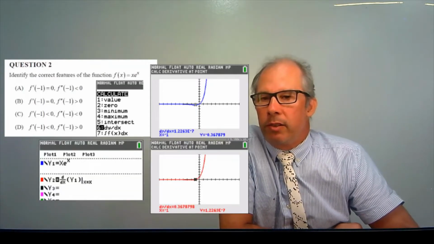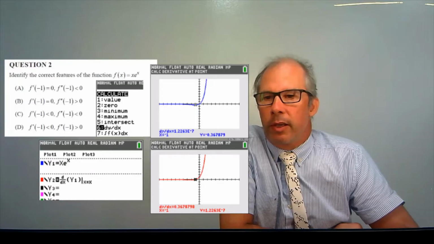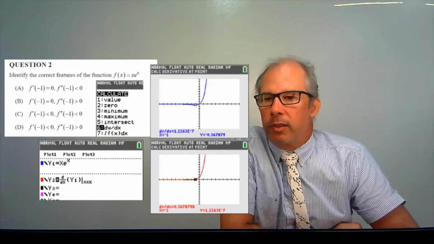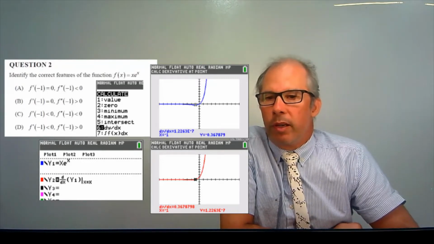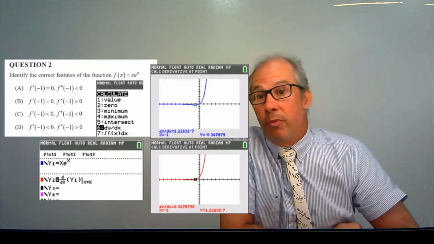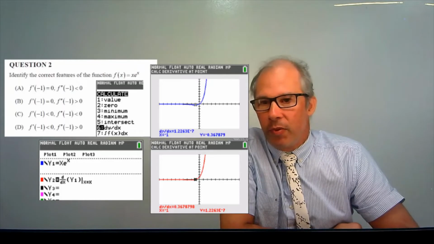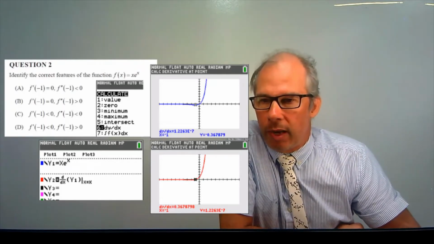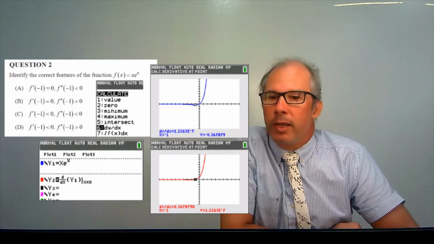Then if I sketch the derivative function here, you can see my y equals, there's my original function, and then I've just set the calculator to automatically sketch the derivative. When I graph that and I do second calc derivative of the derivative, that's my second derivative. So my options there, I've got a value of 0.36.